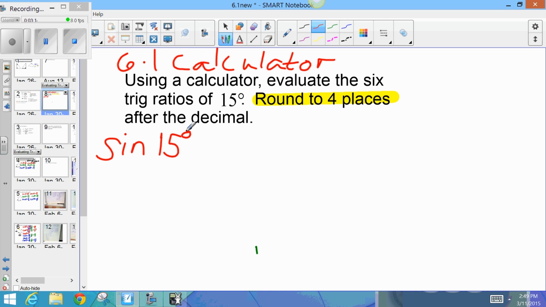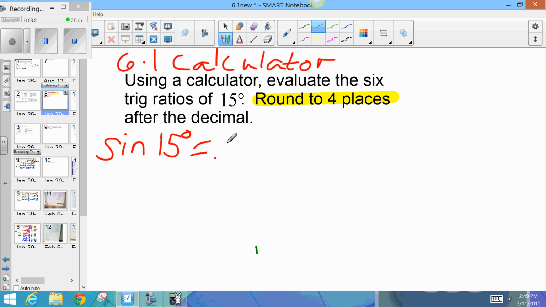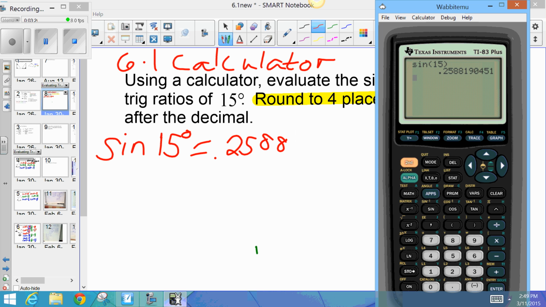So I'm putting the measure of that angle here because it's given. It's not theta, it's 15 degrees. The sine of 15 degrees is 0.2588.